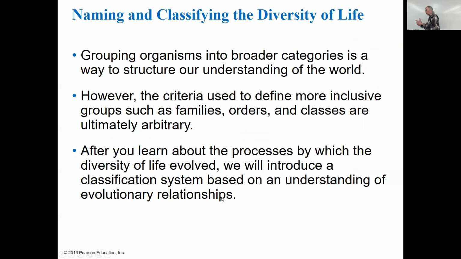So this is a way to structure an understanding of the world. Remember, the criteria used to define these more inclusive groups, such as families, orders, and classes, are arbitrary, really, but there's a way of making sense, and they lead to an evolutionary relationship. Back when Linnaeus was doing this, he just wanted to put together organisms that seemed similar.